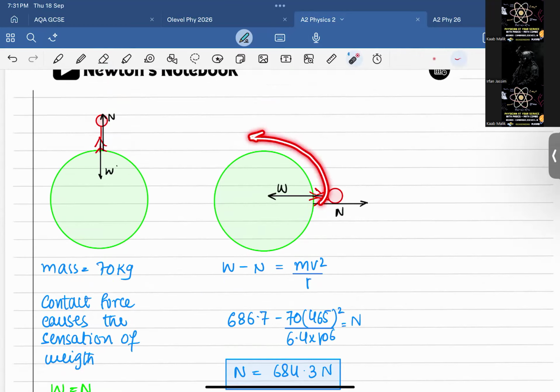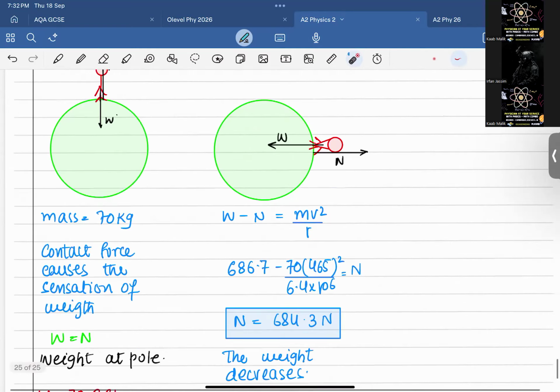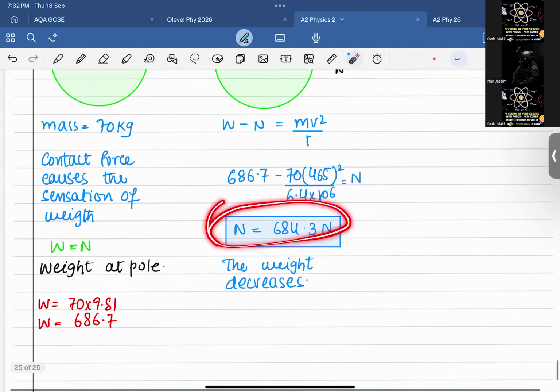If you're living in any country that is near the poles or near the equator, when you move from one country to another, your weight will change by about 2 Newton. Will it increase when you go to the equator? It will decrease basically. At the equator, it will be lesser.